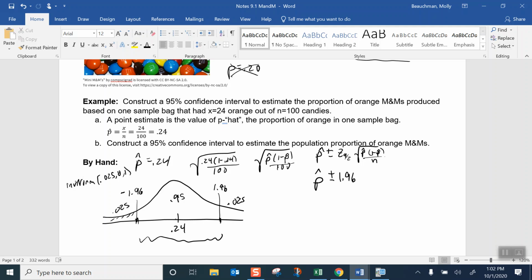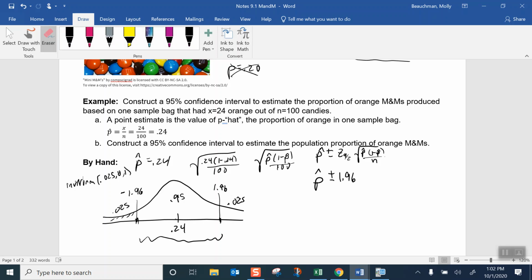To calculate the confidence interval by hand, let me erase this and give myself a little more room. We take the 0.24 and we go plus or minus 1.96 standard errors on either side, times the square root of p-hat times 1 minus p-hat over n.